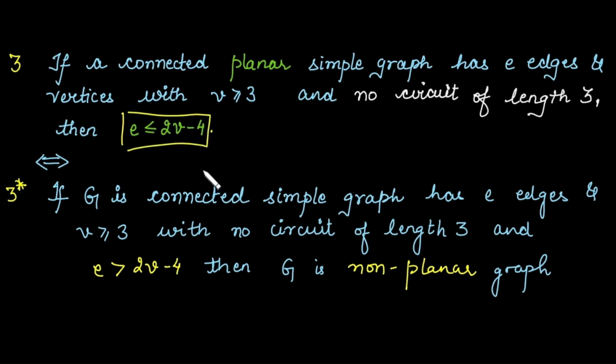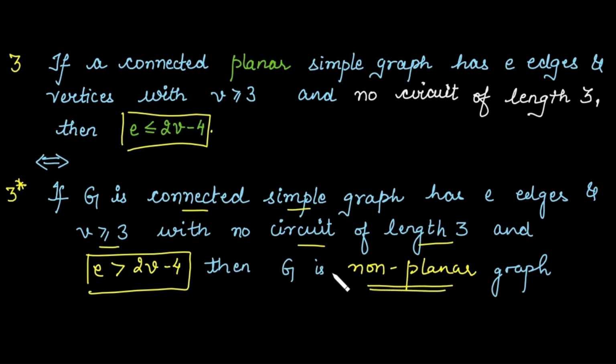Now we can also rephrase the statement in its equivalent form for the non-planar graph. It says that if the graph is connected and simple with a minimum of 3 vertices, there is no circuit of length 3, and the number of edges is strictly greater than twice the number of vertices minus 4, then the graph is definitely non-planar.